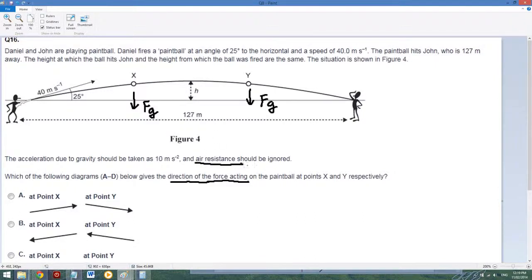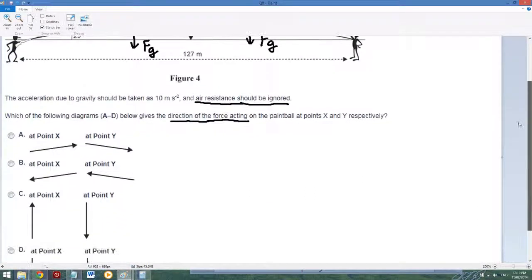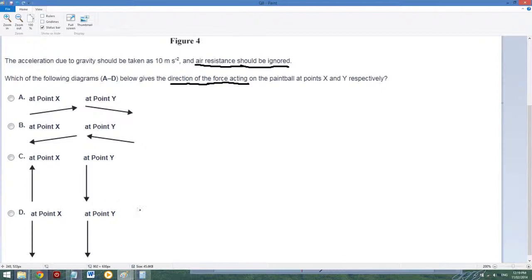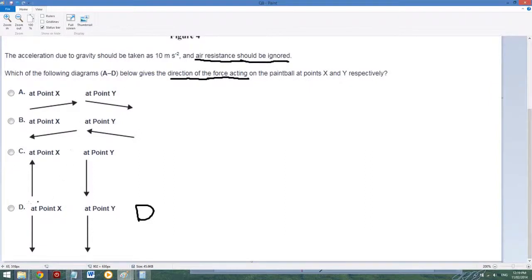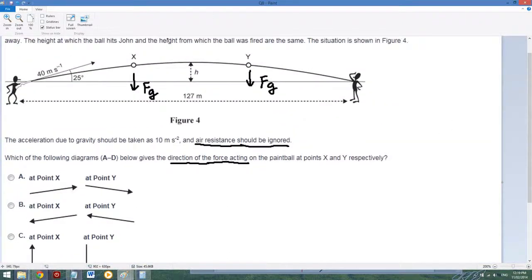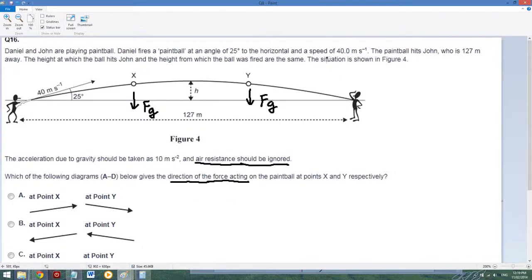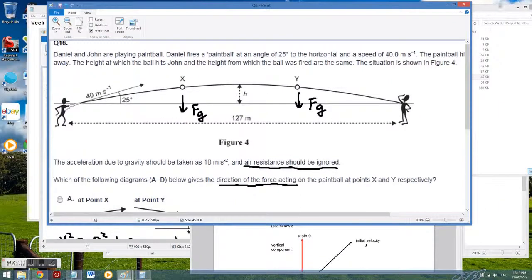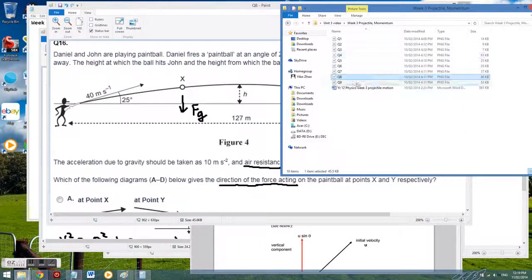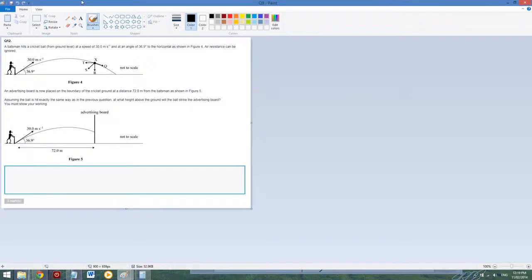Okay, now just think about it. What are the forces acting on this? Well, I ignore the air resistance. The force acting on the ball is gravity. Gravity always acting downwards towards the center of the Earth. Same at this point, it will be the gravity. So during the flight, the only force acting on the object is gravity, and also air resistance.